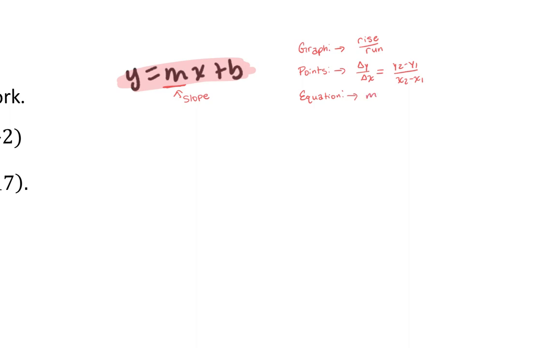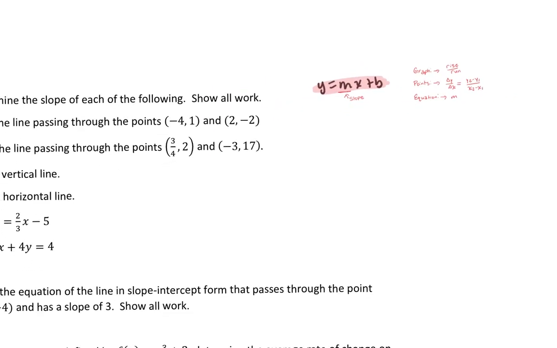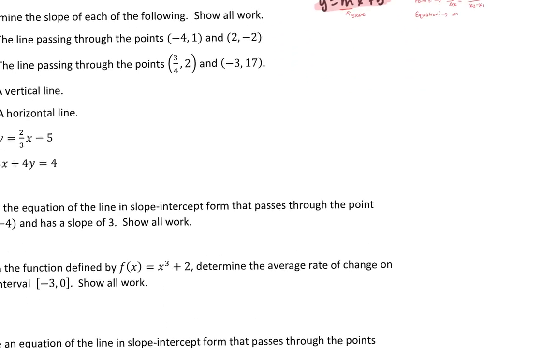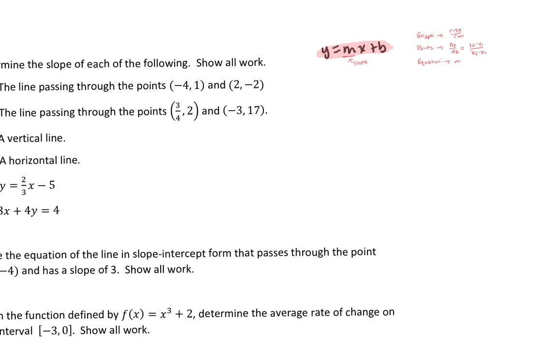All right, so let's get started with this problem. It says, a line that passes through the points (-4, 1) and (2, -2). So this is this one right here. So easy, we're just gonna go ahead and use those 2 points.